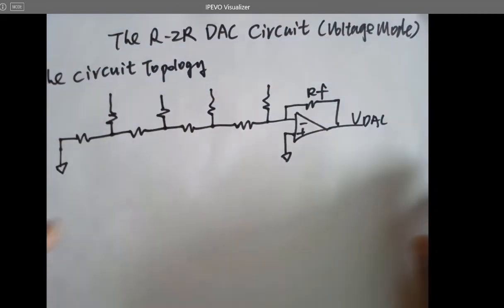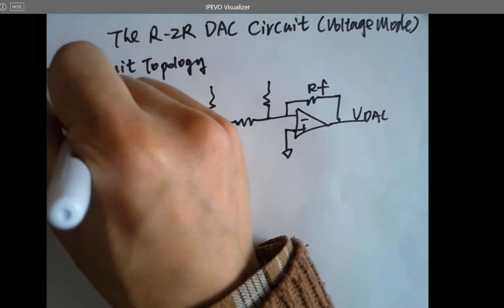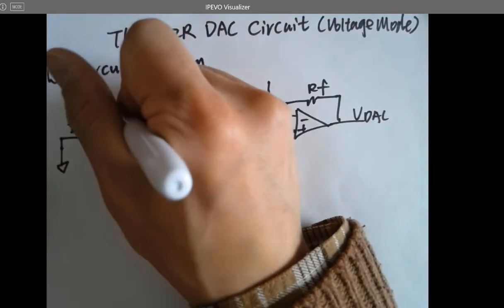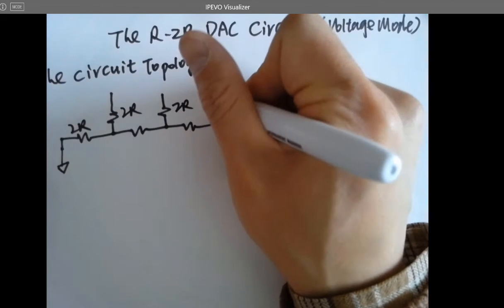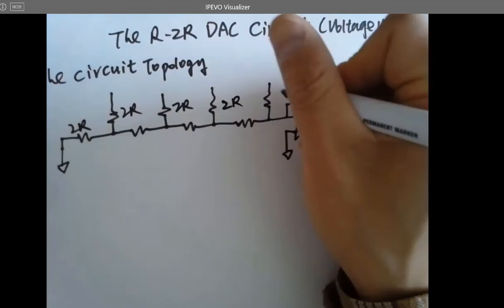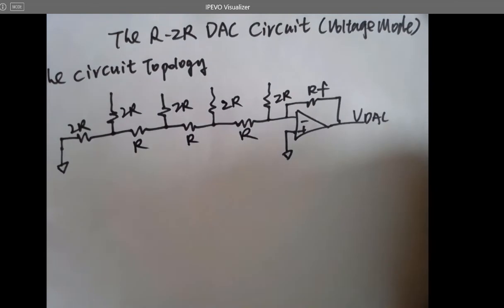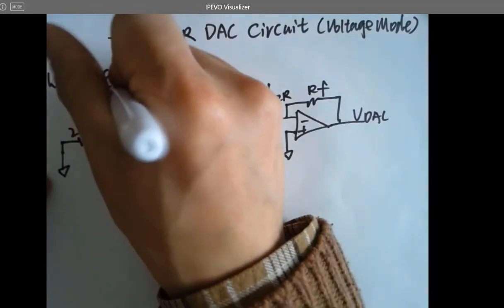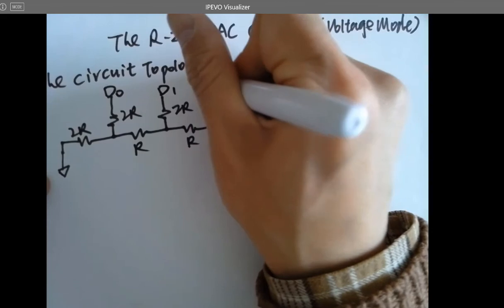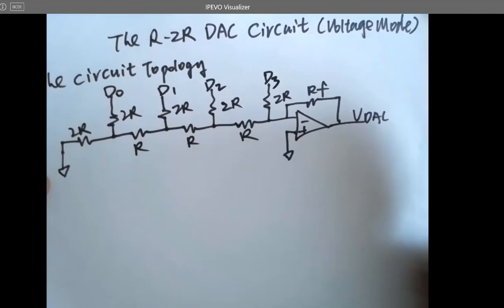That's the output of the DAC. And this is 2R, 2R, 2R, 2R, 2R. So R, R, R. So that's a digital input, D0, D1, D2, D3.